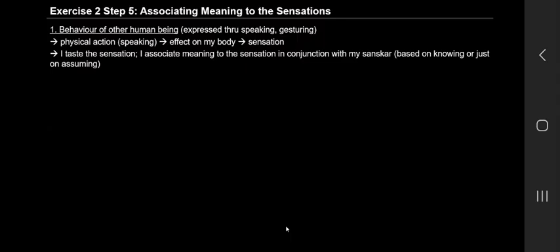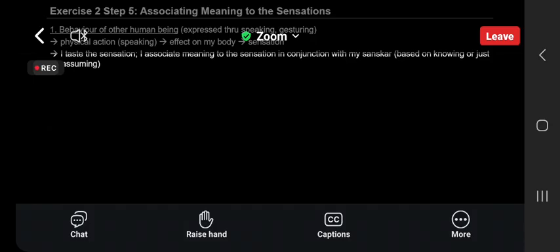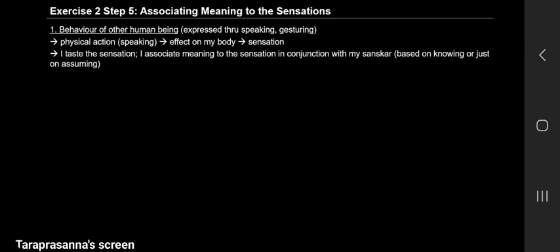I feel happy, unhappy because of this meaning. So if my sanskar are based on assumption, I may react. If my sanskar based on knowing, most probably I will respond. So once I decide react or respond, then I decide to express outside and I instruct my body. So once I instruct my body and body acts according to my instruction, it is how I am expressed outside.